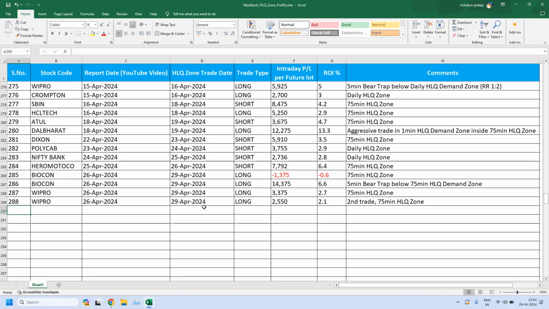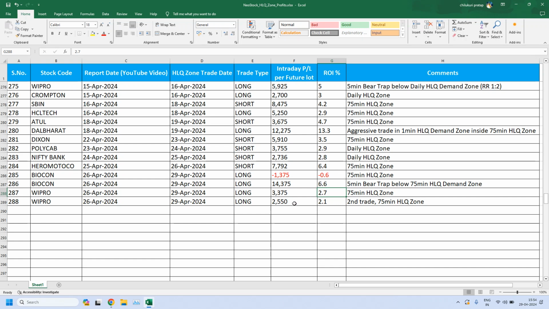And VIPRO has given, for the first trade, 3,375 rupees, which is a 2.7% ROI. It didn't give 6.1%, sorry, our average ROI is 6%. Compared to that it is small, but 2.7% during intraday is always a good ROI, as per one futures margin cost we are calculating.